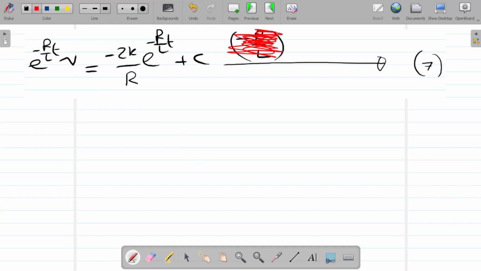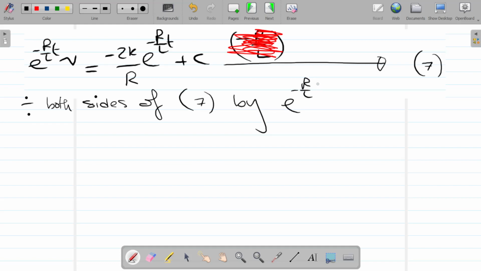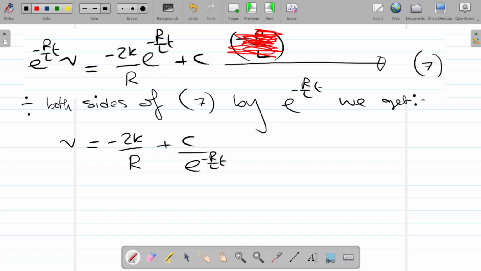Now, this can be rewritten. So dividing both sides of 7 by e to the minus r over L t, we get v equals minus 2k over R plus C over e to the minus R over L t.